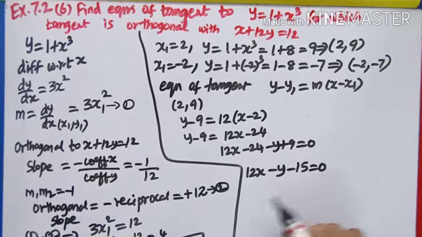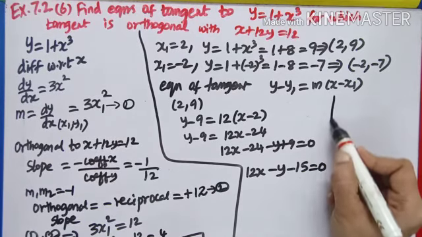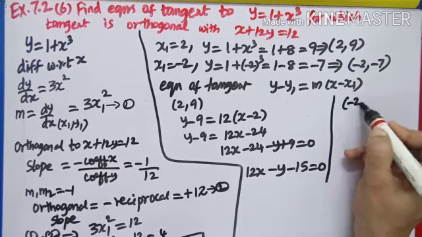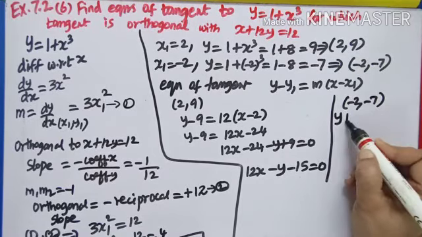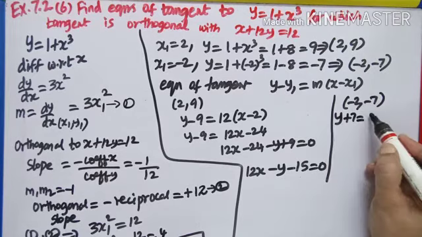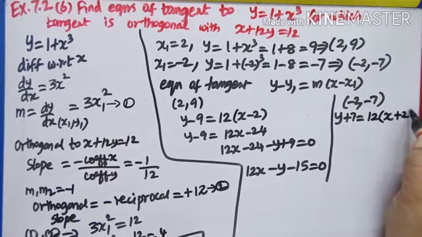The second equation, let us put minus 2 comma minus 7. So as I put minus 2 comma minus 7, y minus of minus is plus 7. M value 12 only. X minus of minus 2 is plus 2.